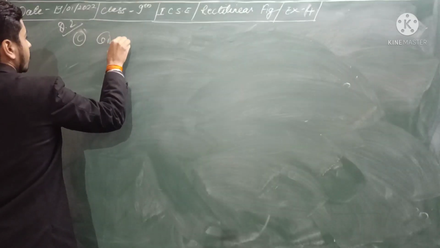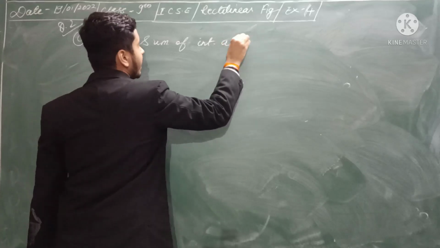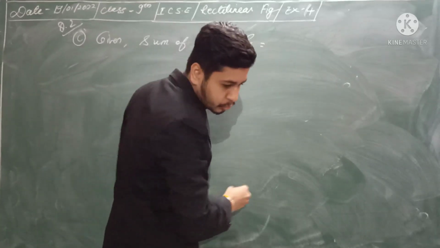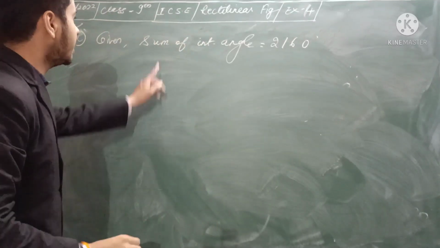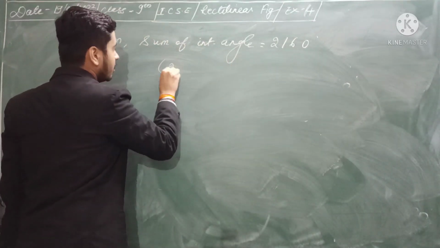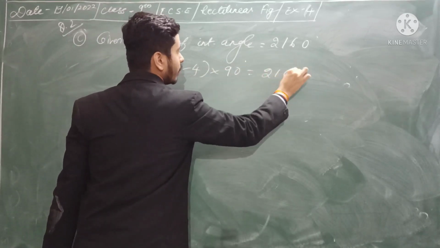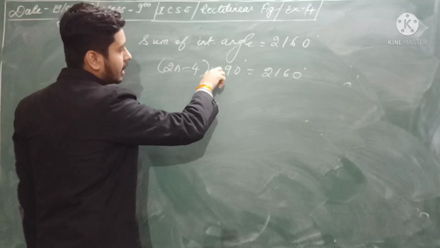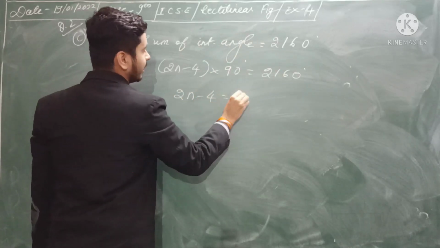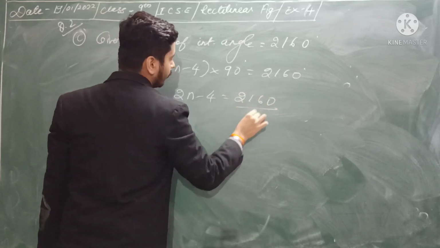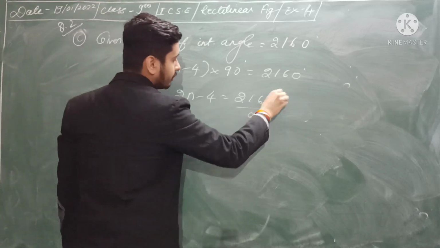What are we given? Sum of interior angles, 2160. What is the sum of interior angles formula? (2n minus 4) into 90 is equal to 2160. This 90 will be transposed there, so it will be 2160 over 90. Here you can cancel this 0 with this 0.